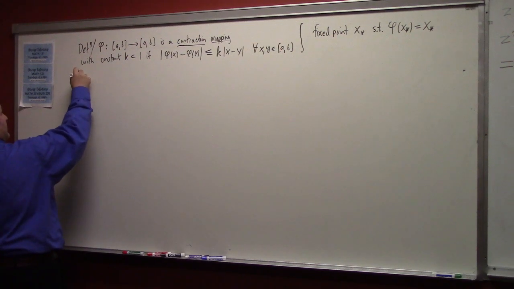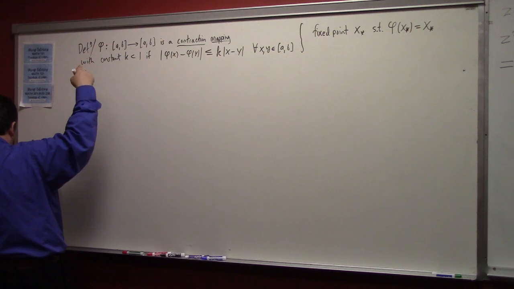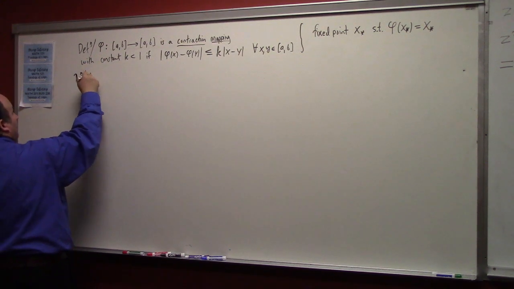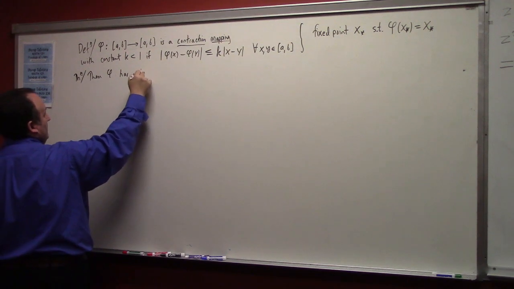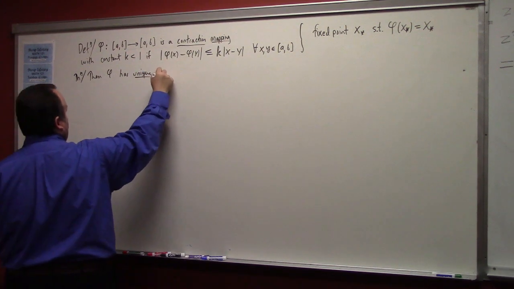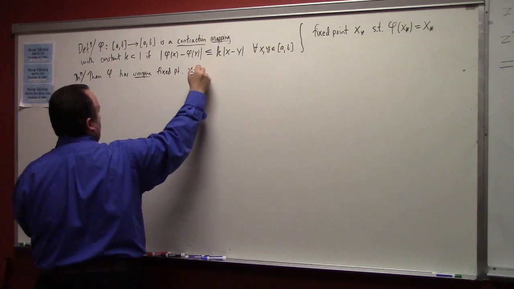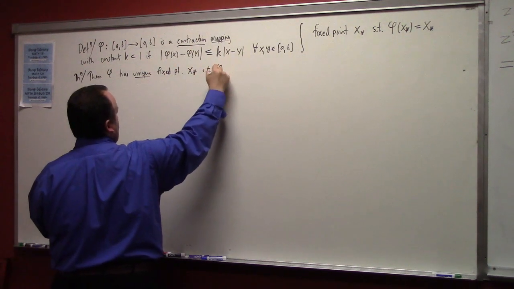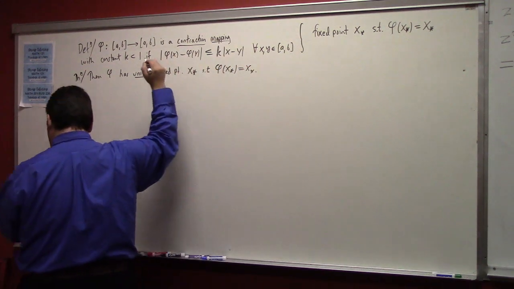which we should prove, is this. So we'll have phi a contraction mapping as above, then phi has a unique fixed point x star, right? Phi of x star equals x star. All right.